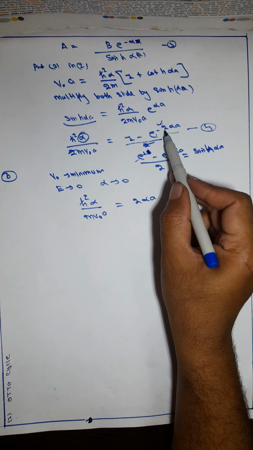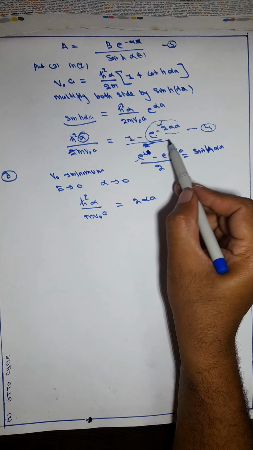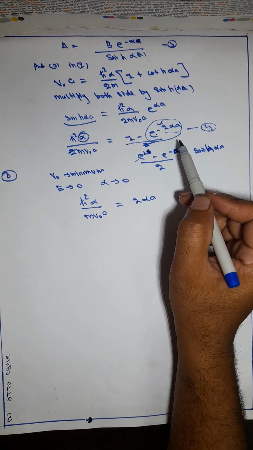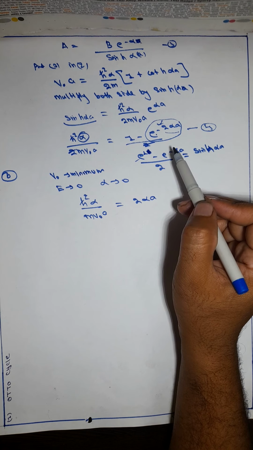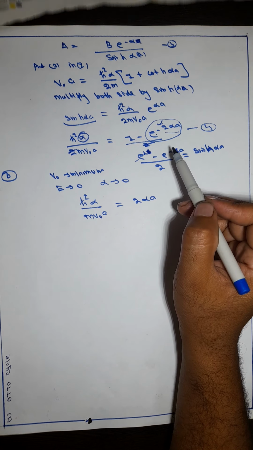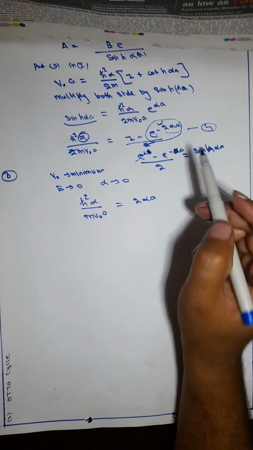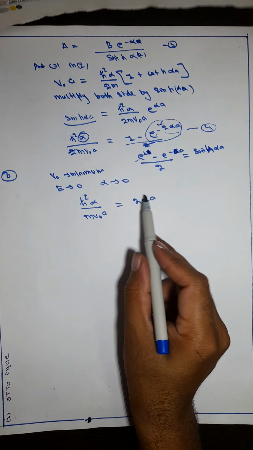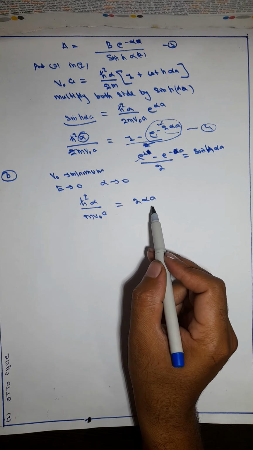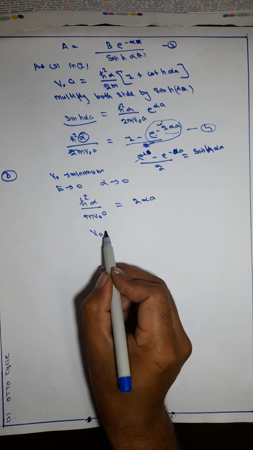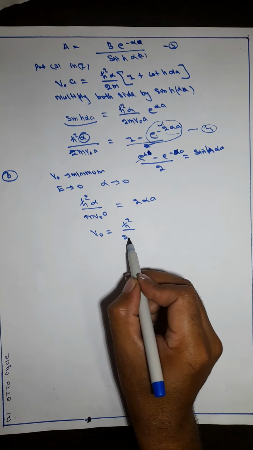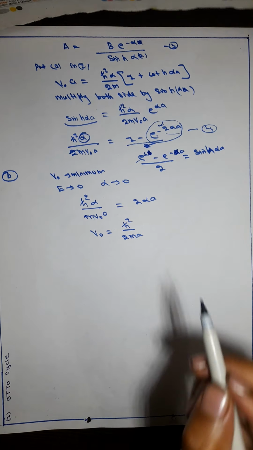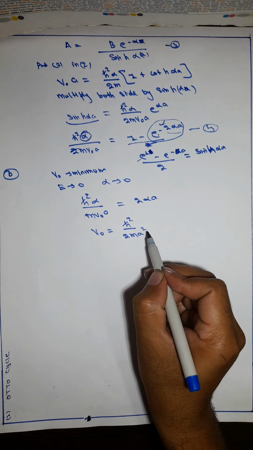We need to open up this term, this one is the exponential term. If you know how to expand the exponential, then it's easy. If you don't know, then I tell you guys. So from this first order correction we need to look, and V naught comes here equal to h cut square divided by 2m a square.